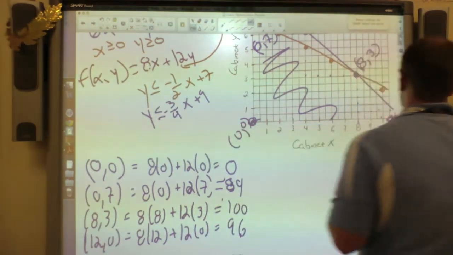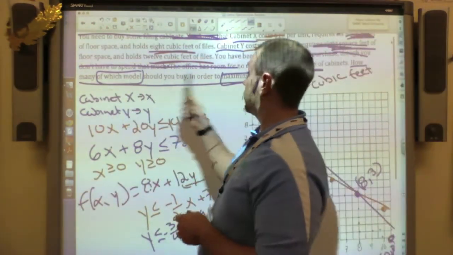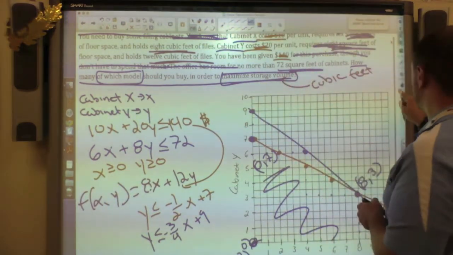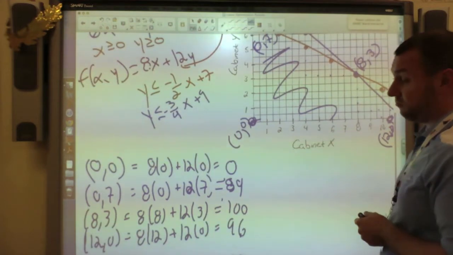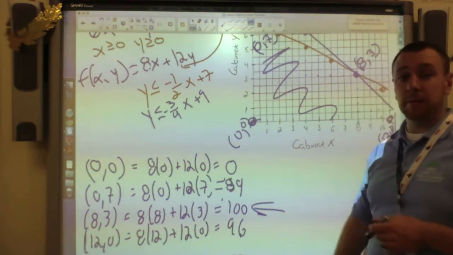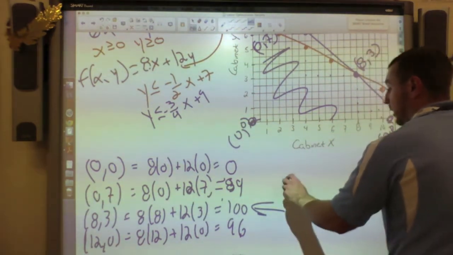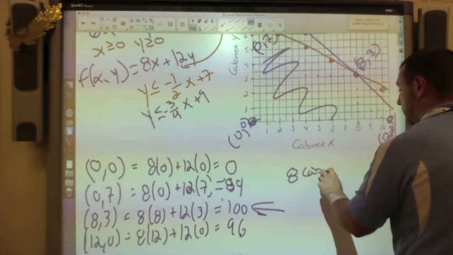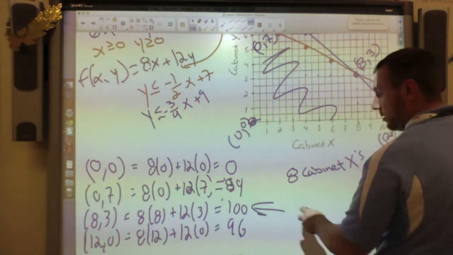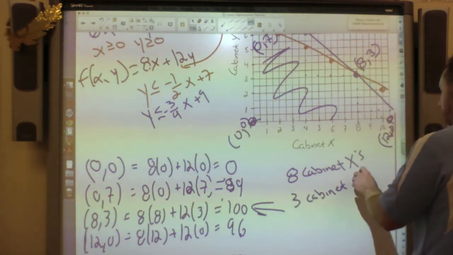Now, what I want to do, how many of which should I buy to maximize my volume storage. Maximize my volume storage. Good. That's my max value, right? So I should buy 8 cabinet X's and 3 cabinet Y's.